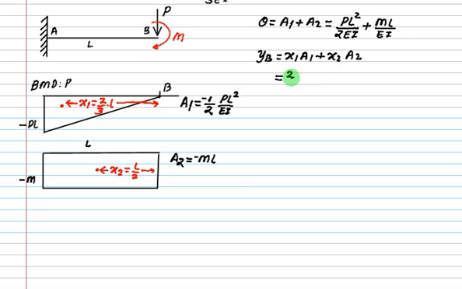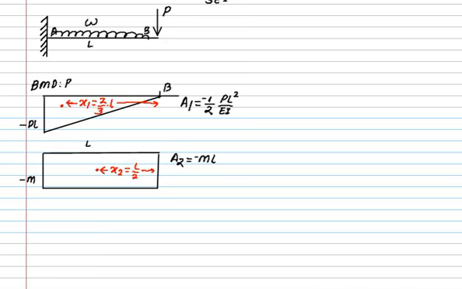It is 2 by 3 L. So PL square upon twice EI, times 2 by 3 L, plus L by 2 of ML by EI, which equals PL cube divided by 3EI plus ML square upon 2EI.